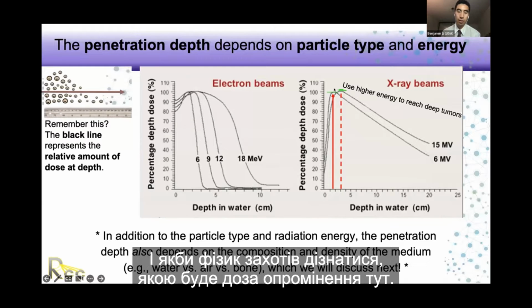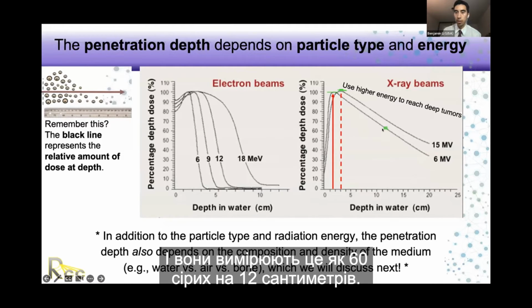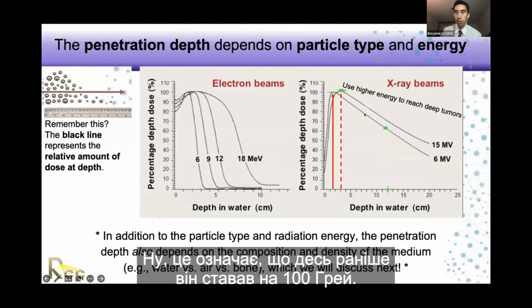If a physicist wanted to know what the dose is here, and they measure this to be 60 gray at 12 centimeters, that means that somewhere earlier on, it was getting 100 gray.